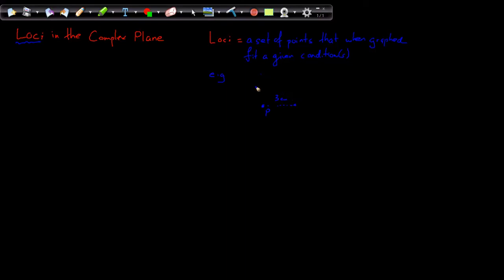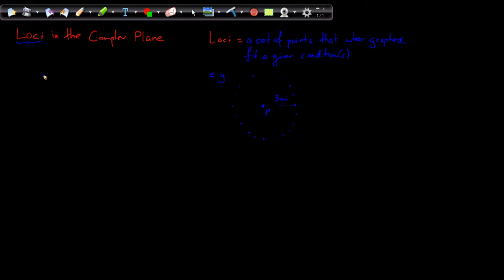I think you could see that if I start to sketch all the points which are 3 centimeters from P, this is just a few of them, we're going to end up with eventually a circular shape. And I'm not even going to try and attempt to draw in a freehand circle on this device here. But your imagination can fill in the rest of the points there.